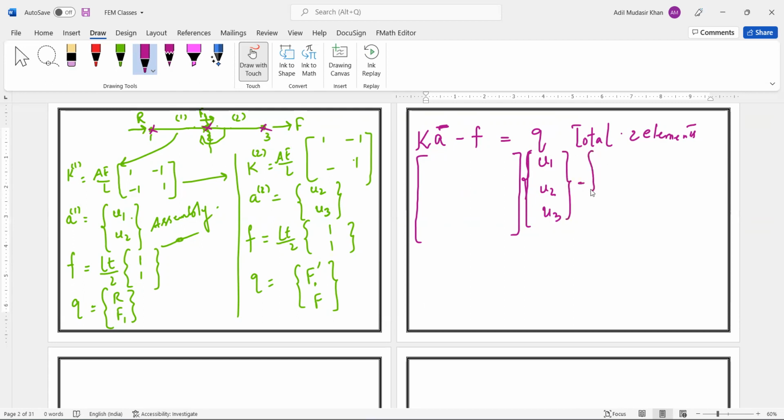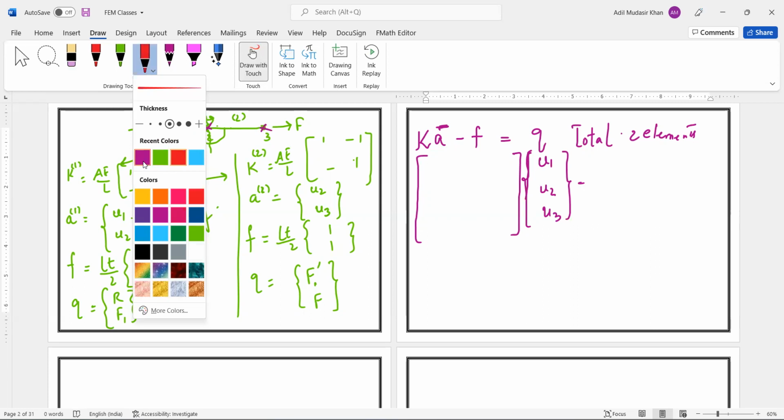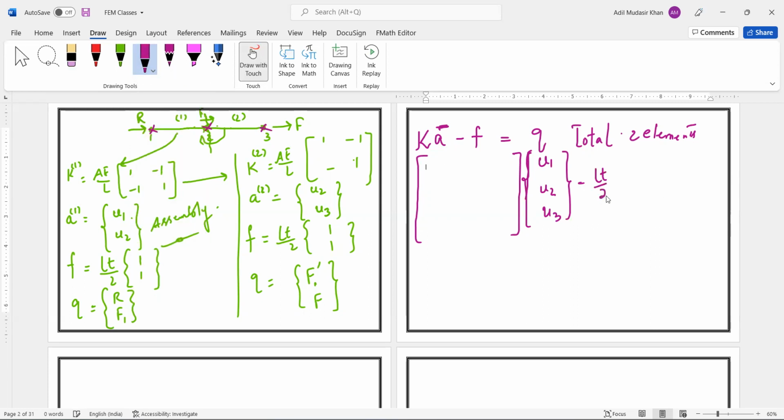Minus the F matrix. What's the F matrix? That is LT by 2. So it will be, let me write it like this, minus LT by 2.